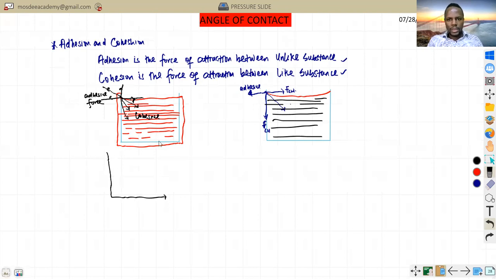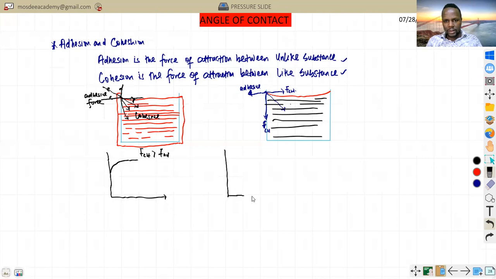So if the horizontal cohesive force is greater than the adhesive force, the liquid layer will form something like this, because it is going inward. But if it is the other way, what you are going to see is something like this. You just need to understand this very well.